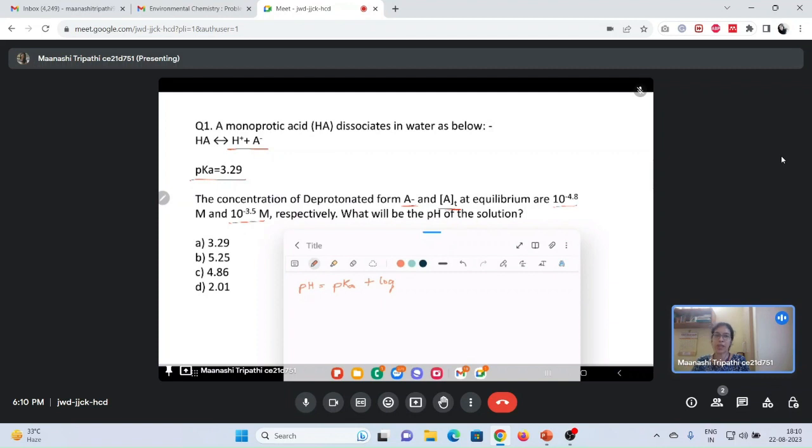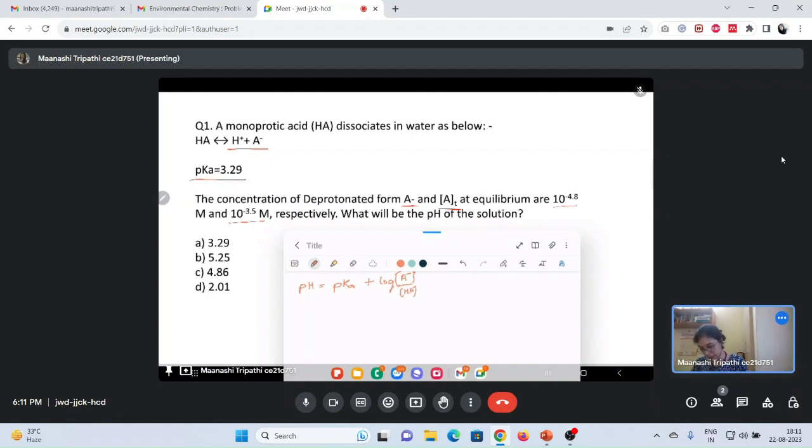Because the definition of pH itself is negative log of H plus, so we are talking about 10th log, not e. So that's why we will keep A here, the conjugate base or deprotonated form, upon the acid. So this is activity, but we can take concentration also.